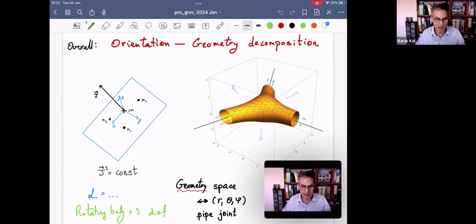three-dimensional space, not planar, then the way we divide it is that we notice that at any point, three bodies define a plane. So then we can divide it into the motion of the plane defined by the three bodies and the motion within the plane, which is described by the geometry space.